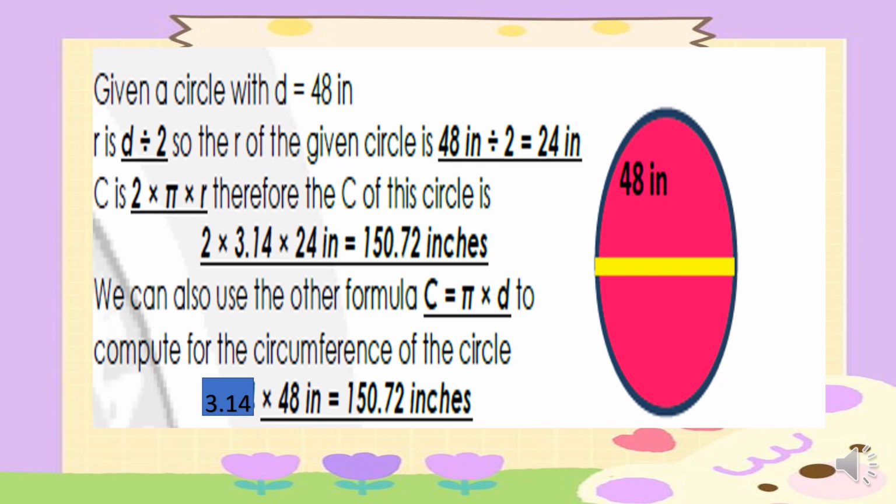We can also use the other formula, which is C equals pi times d, because the given is the diameter. So to compute the circumference of the circle, the value of pi is 3.14 times 48 inches. That is also equivalent to 150.72 inches.